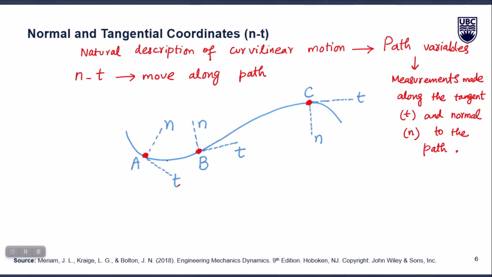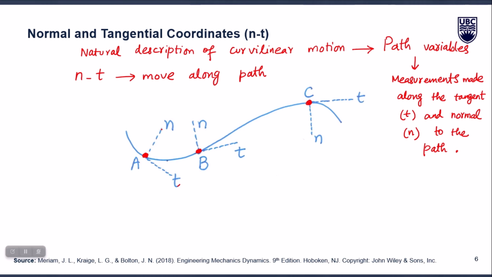Now the positive direction of n will always be towards what we call the center of curvature. So for example, if the particle moves from A to B in a curved path, you can see that the path is concave upward, right? So the positive direction of n will always be towards the center of curvature.